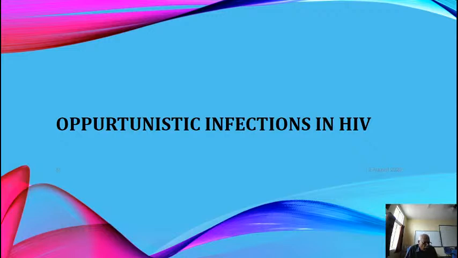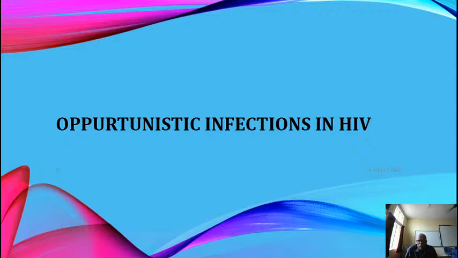So under the immunodeficiency, the person is liable for getting all the infections, maybe bacterial, viral, fungal, parasitic, protozoal infections. Very difficult to cover. It's a very huge topic. Almost every topic takes a minimum of one class.